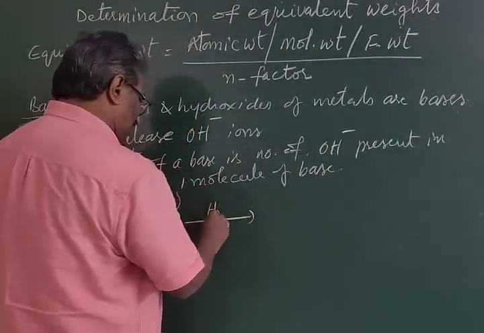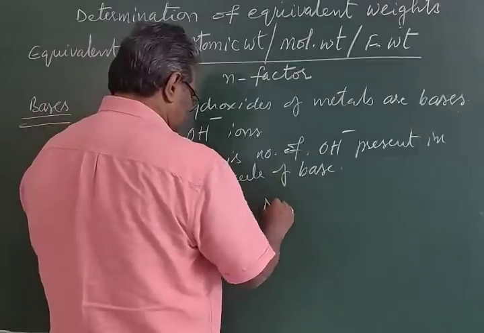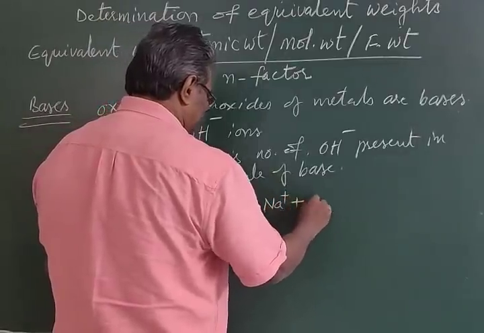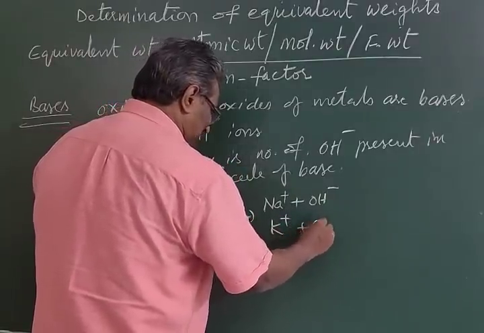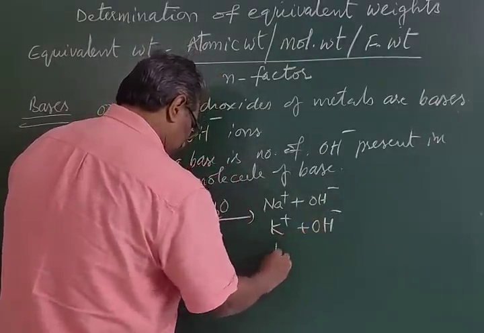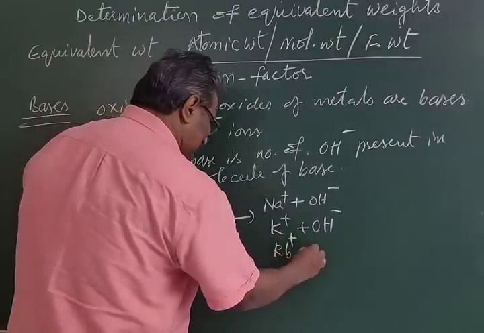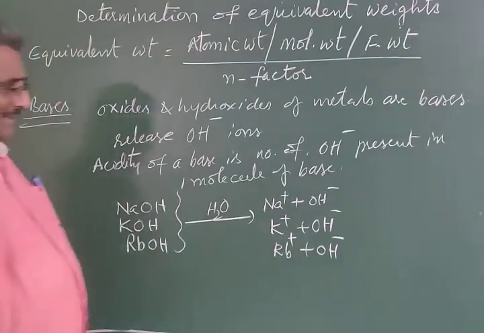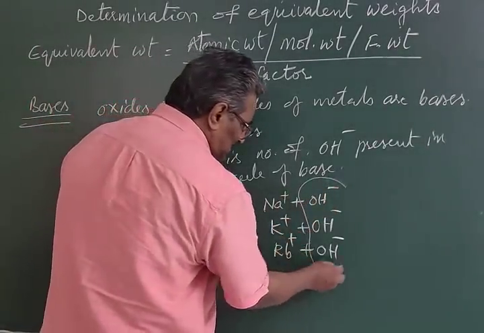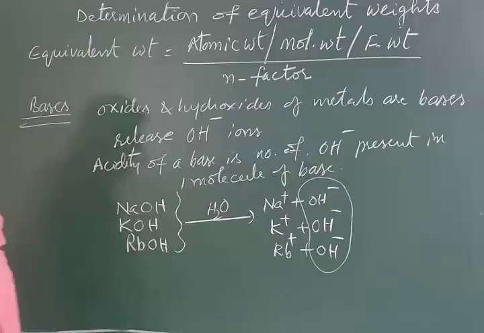On dissolving in water, they decompose to give Na plus and OH minus ion, K plus and OH minus ion, and Rb plus and OH minus ion, like this. How many OH minus ions are produced? One only.